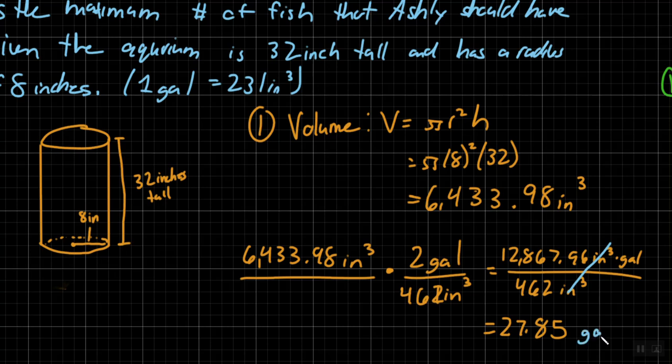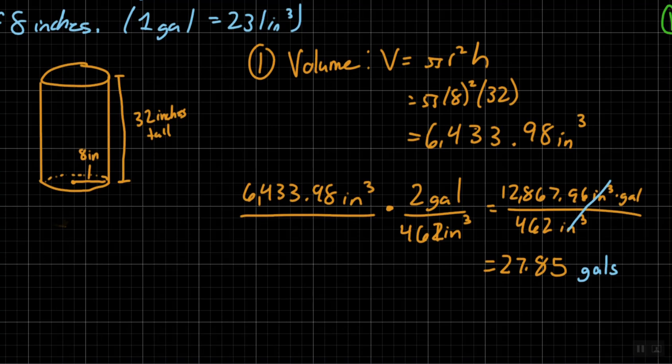Gallons. So I have this many gallons. So I have 27.85 gallons of water. So 27.85 is the answer. No, it's not. Not an answer yet. This is how many gallons I have.